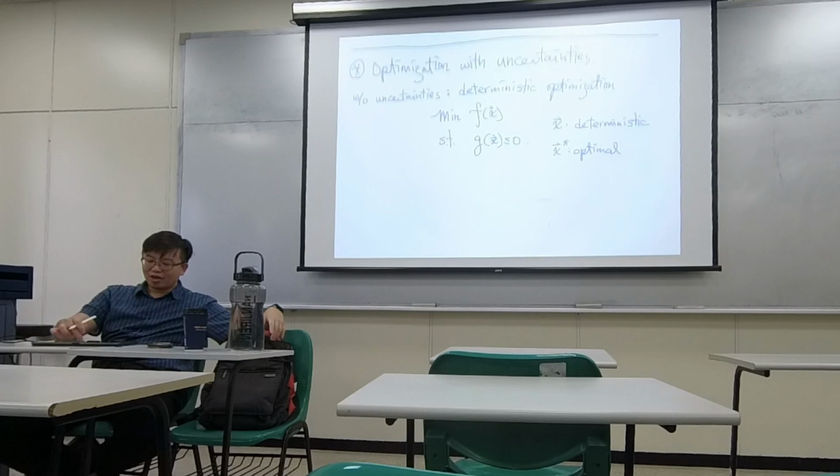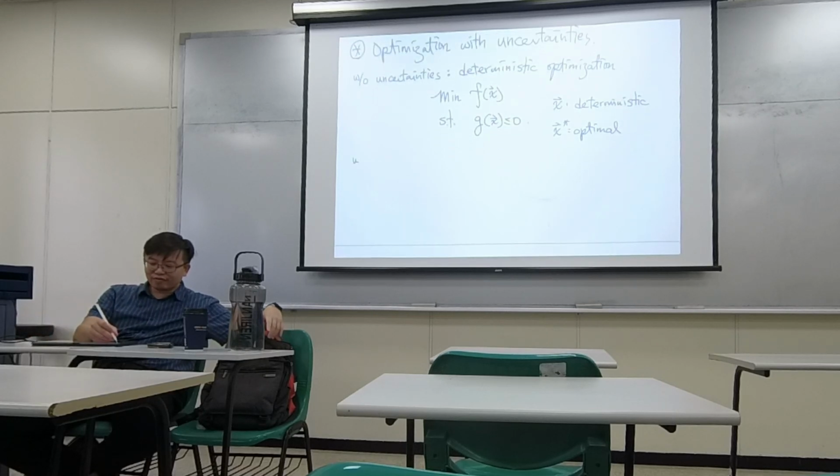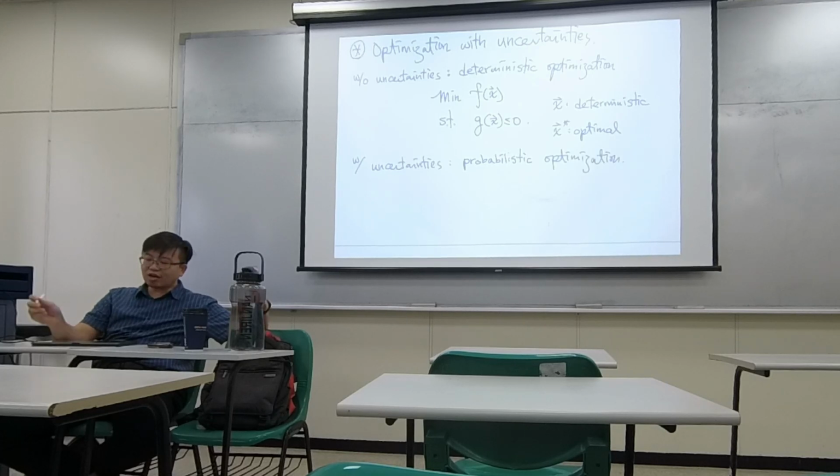Okay? But when you have uncertainties, there's an issue. So usually it's a probabilistic optimization. So how does it look like? Usually it's like this.